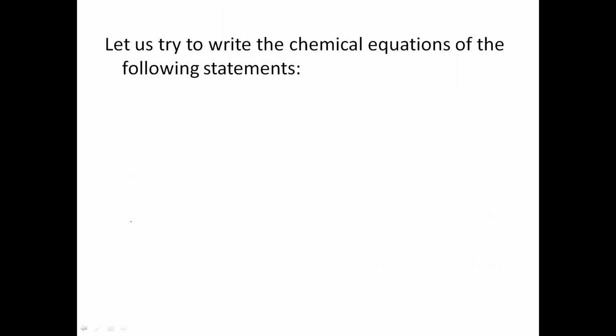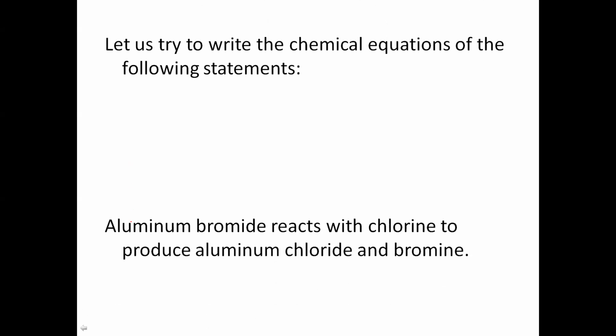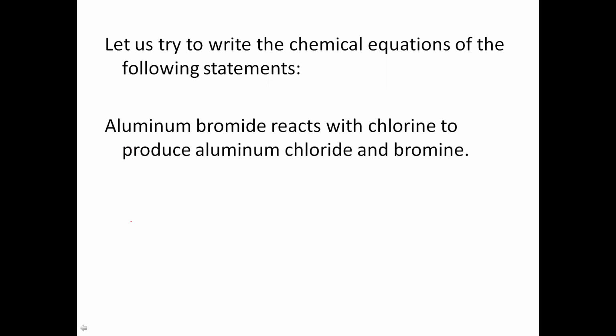Now, let us try to write the chemical equations of the following statements, based on the format of reactant to product, and then there's the yield sign, or other symbols needed. First, let's say aluminum bromide reacts with chlorine to produce aluminum chloride and bromine.